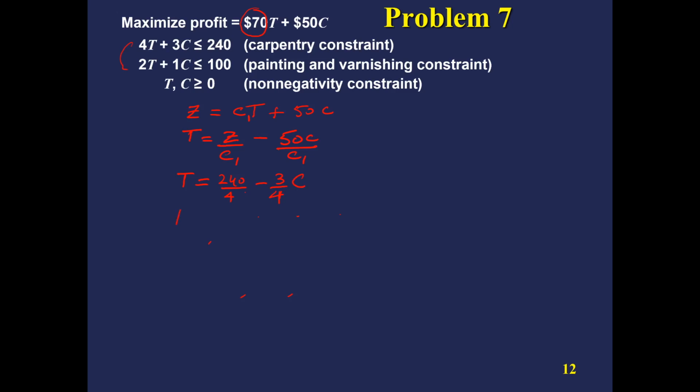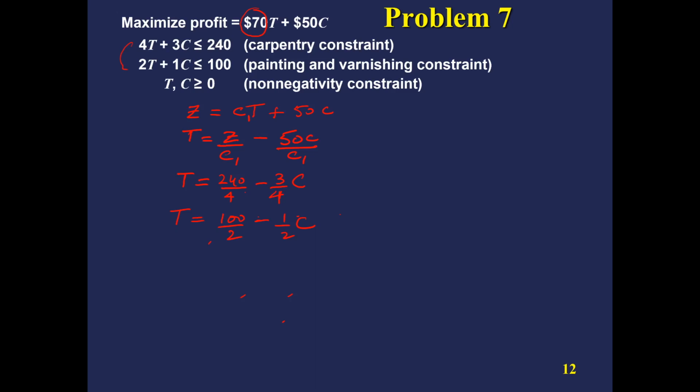The second constraint is T is equal to 100 over 2 minus half C. Now you just equate these slopes to find out the range over which this corner point is staying the same.